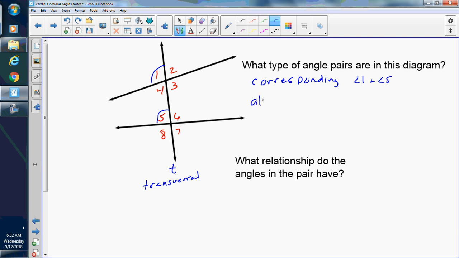Another type of angle is alternate interior. Alternate interior would be like angle 4 and angle 6. They're on opposite sides of the transversal and in the interior between the two lines. Another type is alternate exterior.